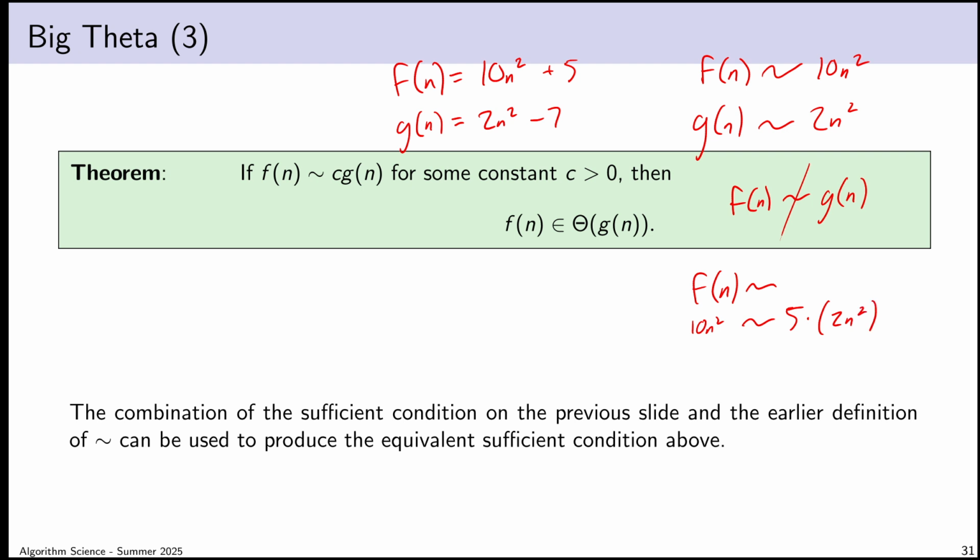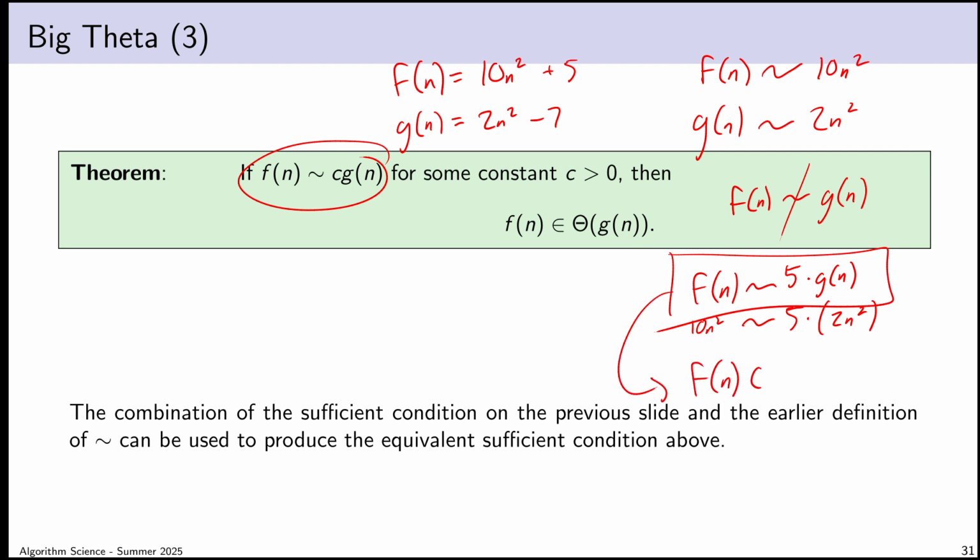This is basically me saying that f asymptotically approaches 5 times g. And that meets the definition for the theorem, which means, because I found a constant c, that f is big theta of g.